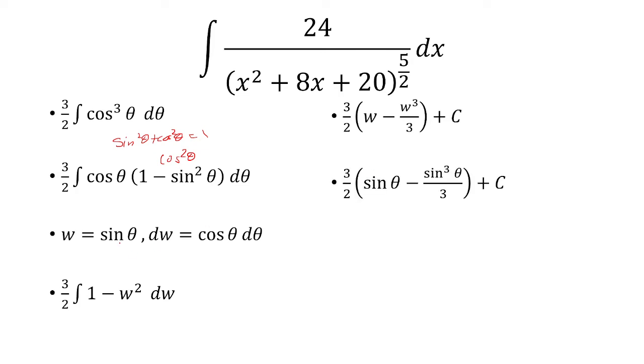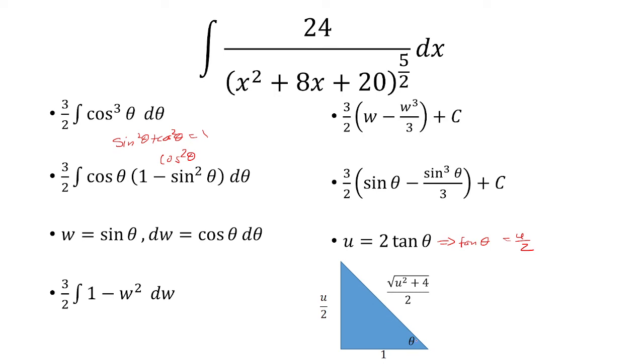So w we said was sine of theta, so everywhere we see w, replace it with sine of theta. And recall, for our trig substitution, we said u was 2 tangent theta. So that implies that tangent theta is u over 2. So if we make a right triangle here, theta is our angle, tangent is opposite over adjacent.